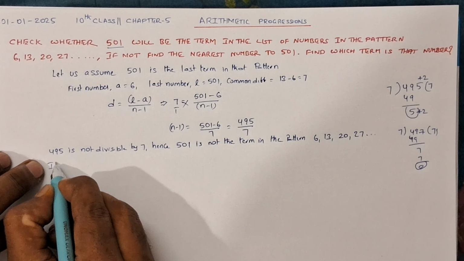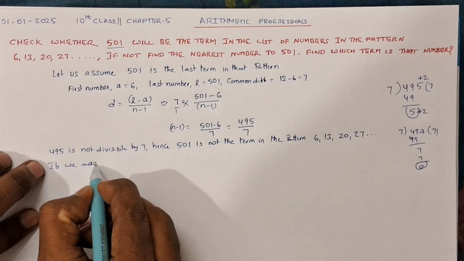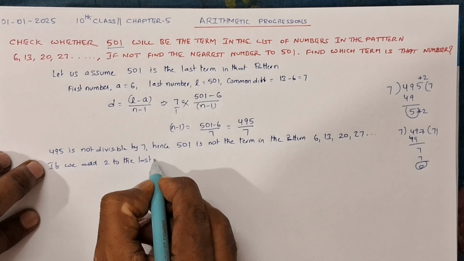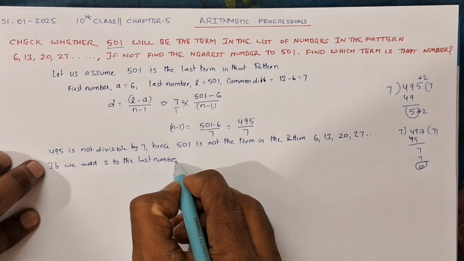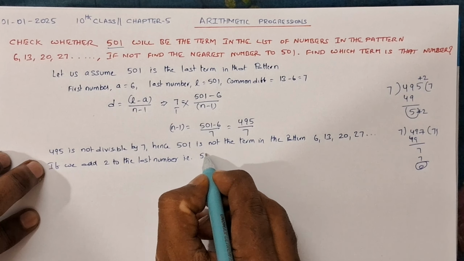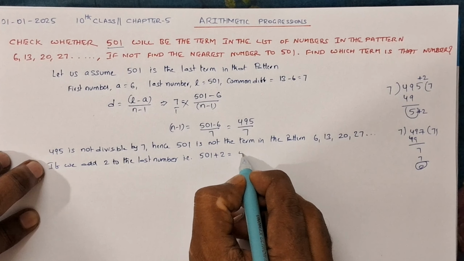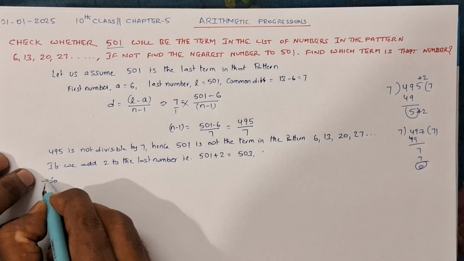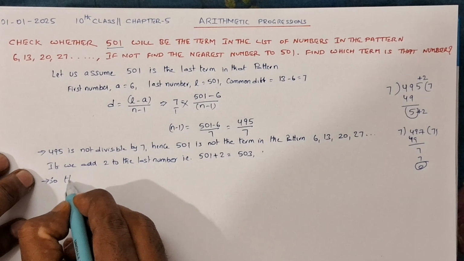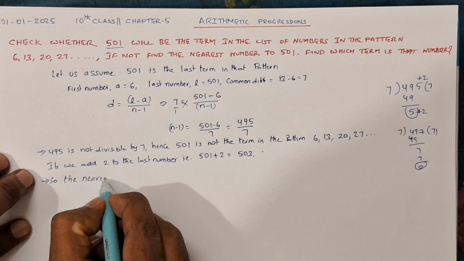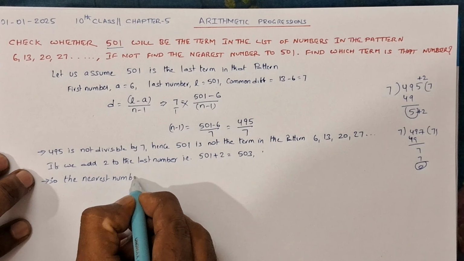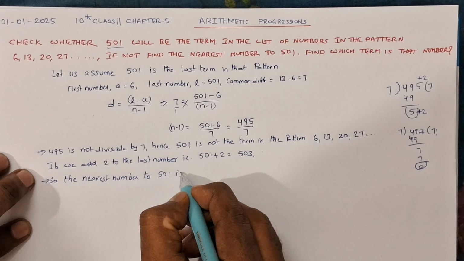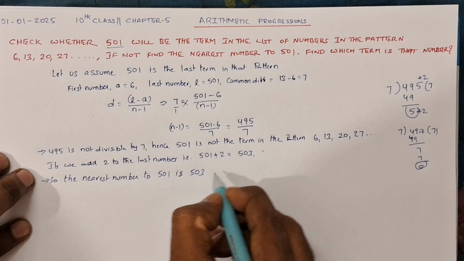So if we add 2 to the last number, that is 501 plus 2 is equal to 503, then the nearest number to 501 is 503.